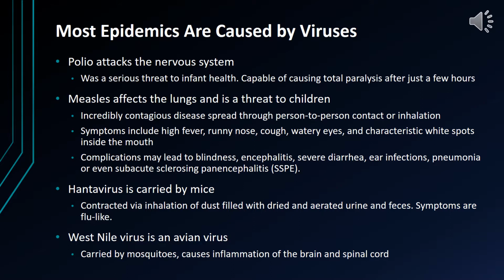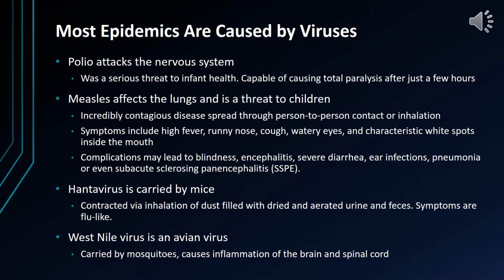This is an incredibly contagious disease spread through person-to-person contact or inhalation of water droplets. Symptoms of measles include high fever, runny nose, cough, watery eyes, and some very characteristic white spots inside the mouth.